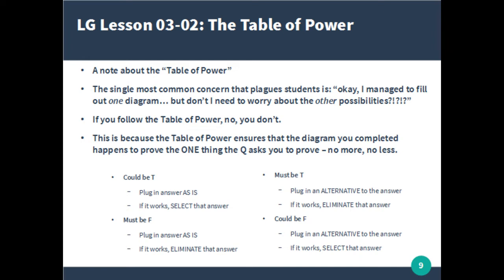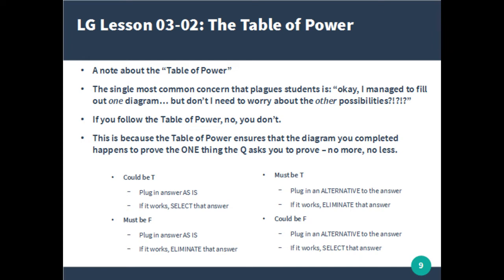The reason for this is that the table of power is designed in a way to ensure that the diagram that you just completed happens to be the one that proves the one thing the question wants you to prove, no more, no less. So if you follow the table of power pretty faithfully, you won't need to concern yourself with other possibilities unless you have failed to fill in a diagram. That's the only time you kind of look around to see, okay, did I do something wrong?